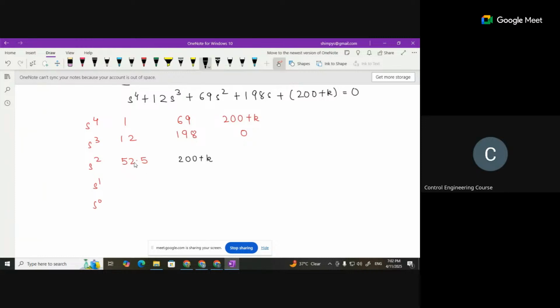This is 52.5 into 198 minus 12 into 200 plus K, divided by 52.5, right? And here it will be this into 0, and here no entry is 0, so 0, right?